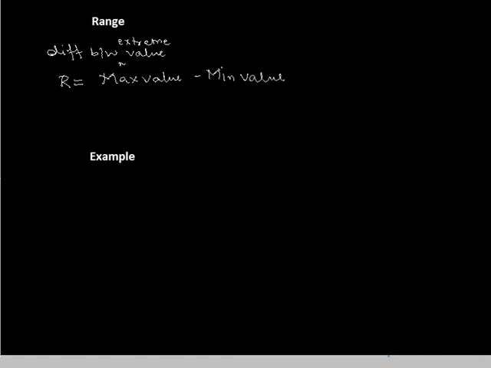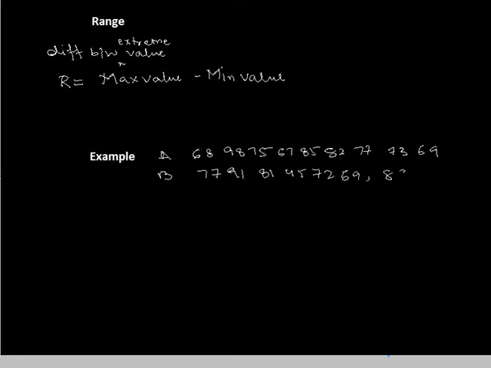Right? For example, now let's look at an example. Say you have two classes A and B, and the scores of 9 students are given as the following: 68, 98, 75, 67, 85, 82, 77, 73, 69, and class B has, say, 77, 91, 81, 45, 72, 69, 83, 75.